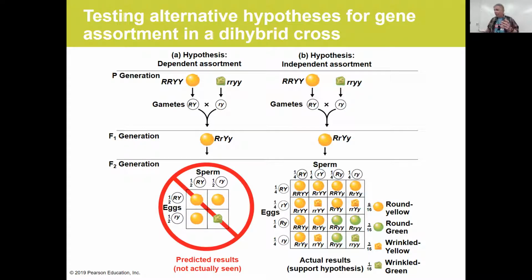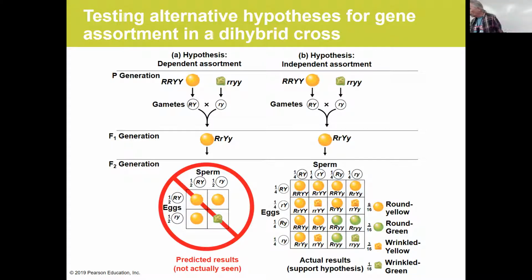Because it's 2 loci, one the R locus and one the Y locus. If it's dependent assortment, we're starting with the parentals, where both loci are homozygous dominant: big R, big R, big Y, big Y. That is yellow smooth. Yellow is dominant over green, smooth dominant over wrinkled. And then you cross that with small r, small r, small y, small y, homozygous recessive at both loci.